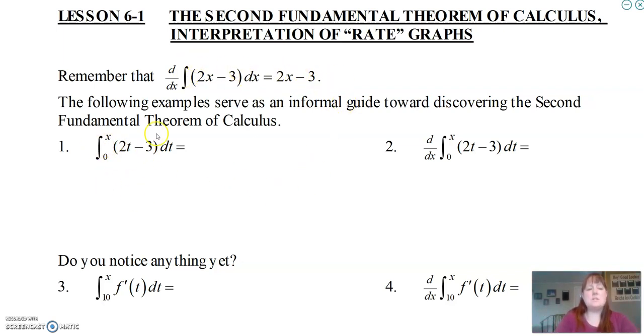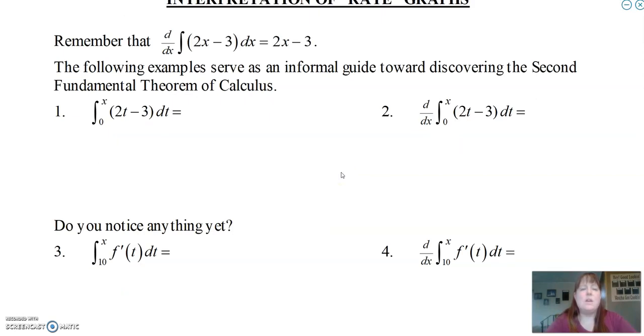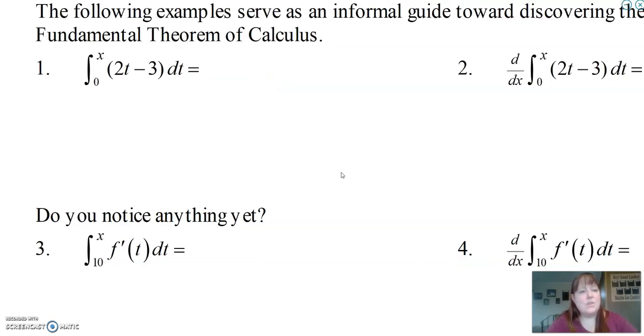So let's look and see what happens when we have definite integrals, because a definite integral is a little different. It's not talking about the function as a whole, it's talking about a specific area under a curve. So first, let's just integrate this. It says the integral from 0 to x of 2t minus 3 dt. So we know from the fundamental theorem of calculus that I have to go up a step, right?